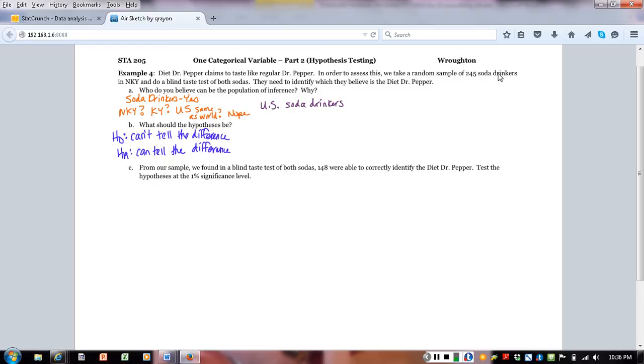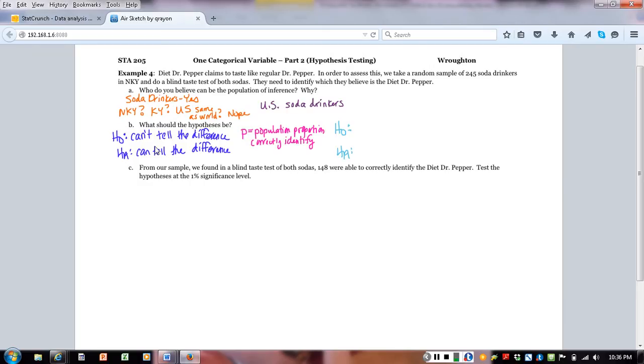All right, and so I'm going to let P represent my population proportion that correctly identify the Diet Dr. Pepper. Or in a sense, they correctly identify both of the sodas here. So if I think about it that way, let's figure out what our null and alternative hypotheses would be symbol-wise.